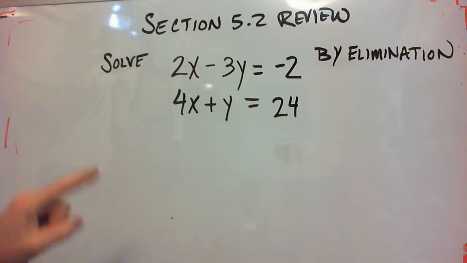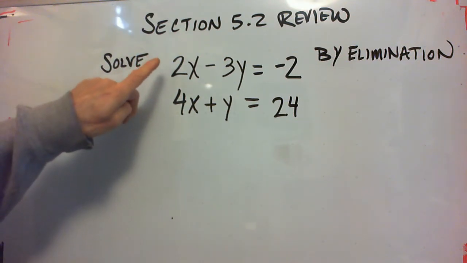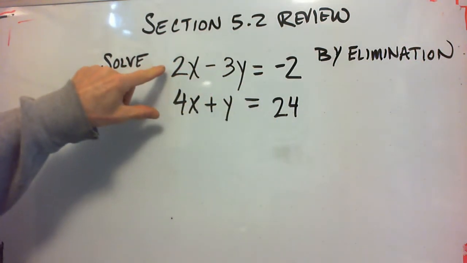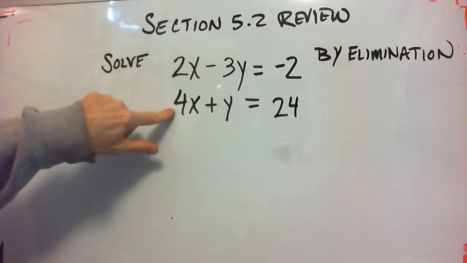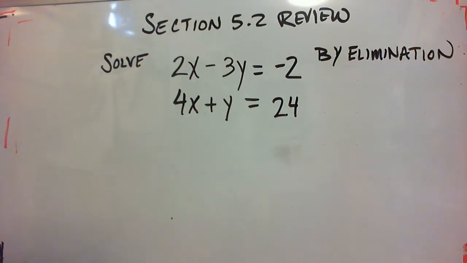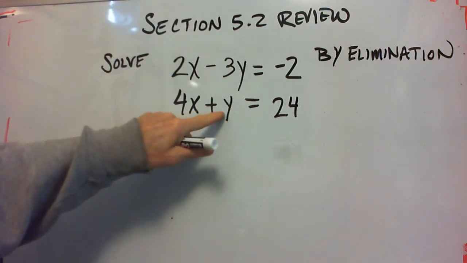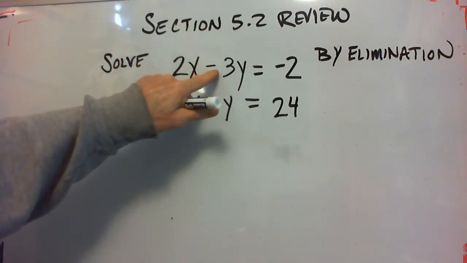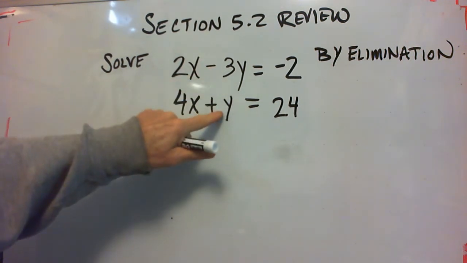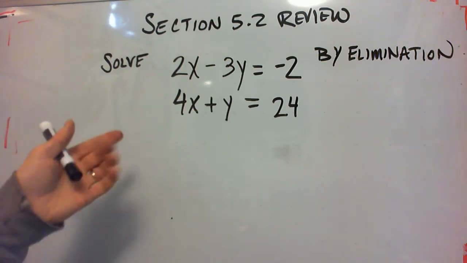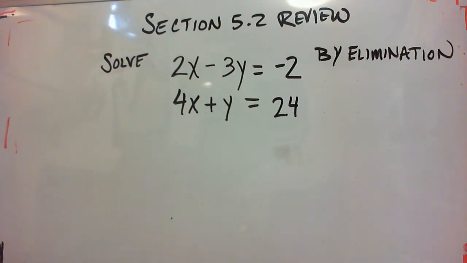Now you really have two choices here. You could multiply the top equation by negative 2 to make this negative 4x added to the 4x, or we could multiply the bottom equation by positive 3 so that when we add the negative 3y to the positive 3y, we end up getting rid of a variable.